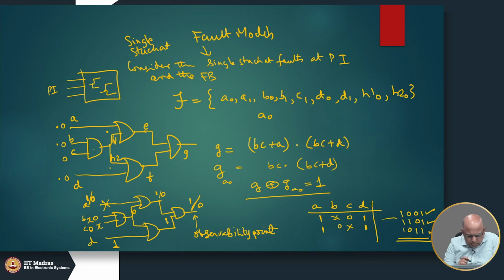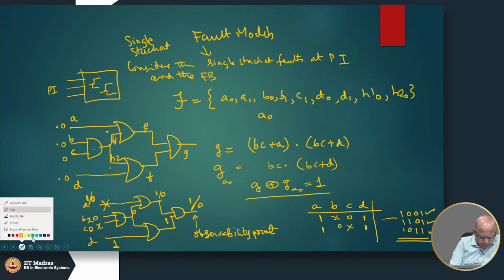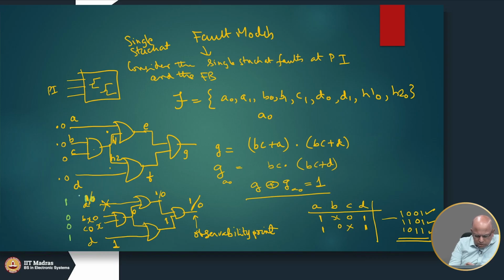What is a test vector? If I apply 1001 here, then this fault has been activated, okay, because the good circuit will have a 1, but the faulty circuit will have a 0.